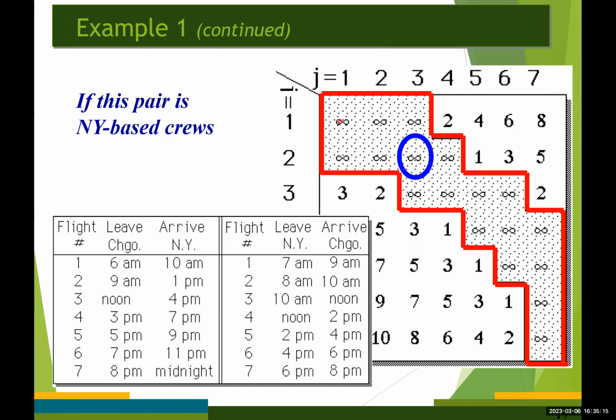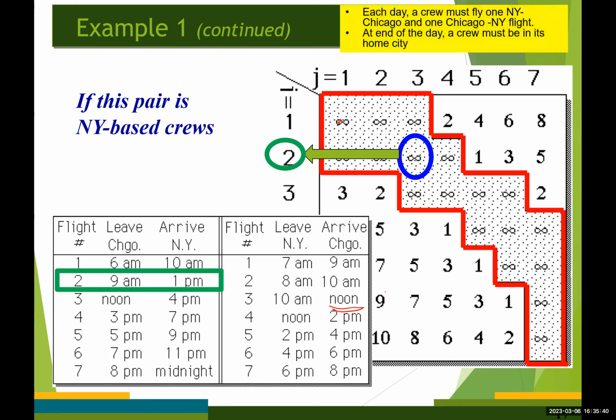So what if this is the case of a New York City-based crew? Similarly, he arrives in Chicago at noon through flight number 3. And then he is supposed to take flight number 2 the next day at 9 o'clock in the morning to come back to his hometown, New York City.